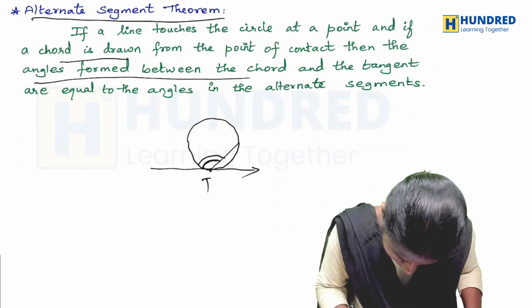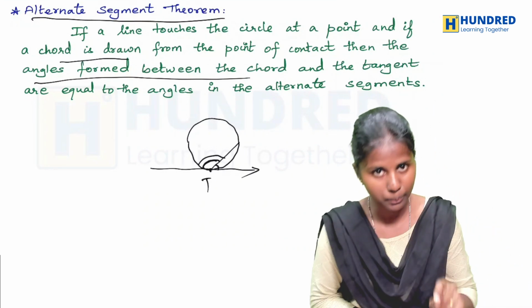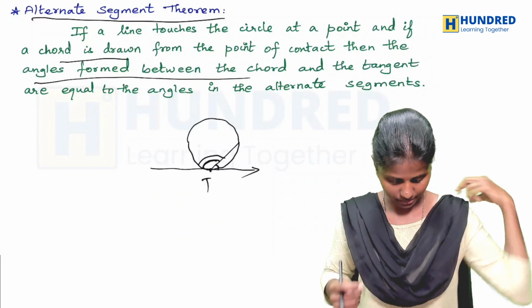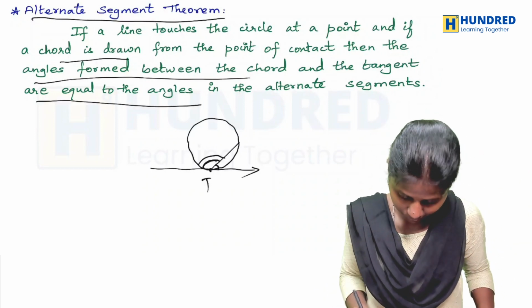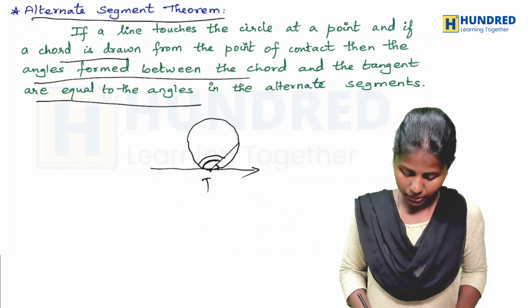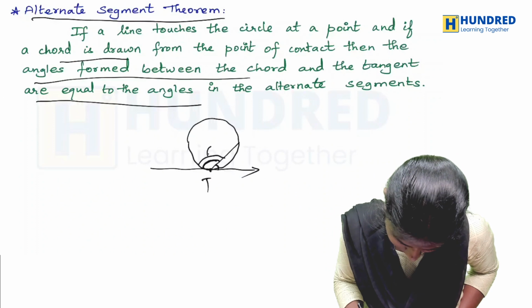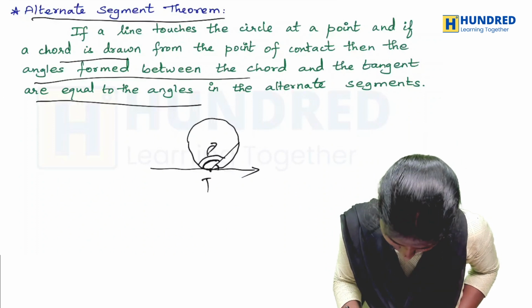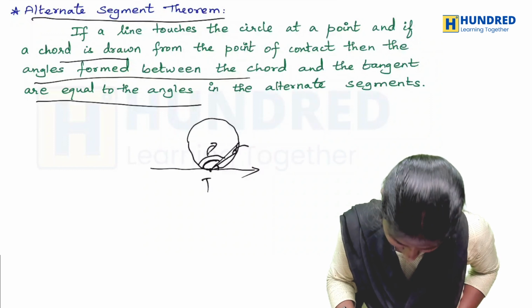These two are the angles which are formed between the chord and the tangent, which are equal to the angles in the alternate segment. This angle will be equal when I make angles in different segments.